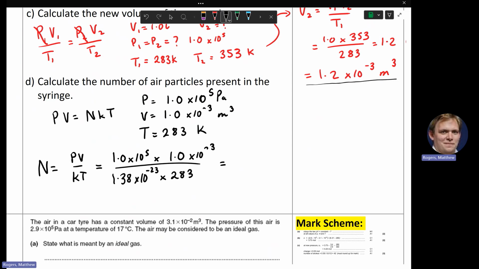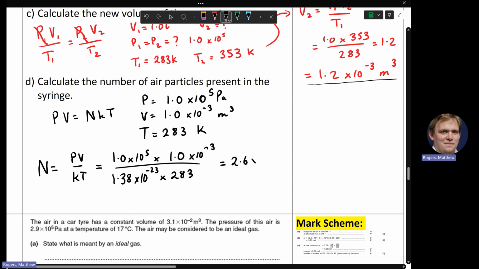So 2.25, 2.6, sorry, 2.6 times 10 to the power of 22 particles.